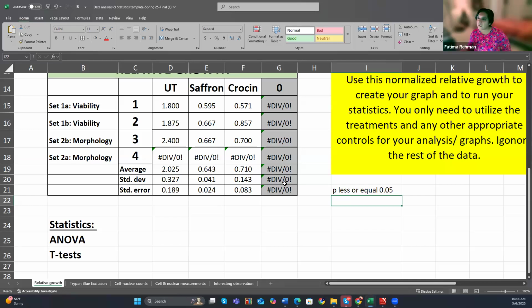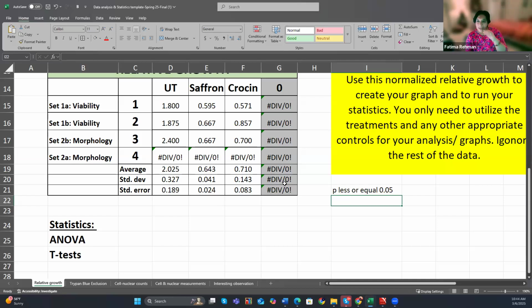Okay. So that's something that I want you to think about, right? And I'll tell you how I would explain it, and then you can tell me if that makes sense. So basically, when you're looking at 0.05, you're looking at that 5%. But what you're looking for is that there's only a 5% chance that what you are seeing is just by chance or by error, and you have a 95% confidence that the change that you saw is actually from the treatment that you gave.